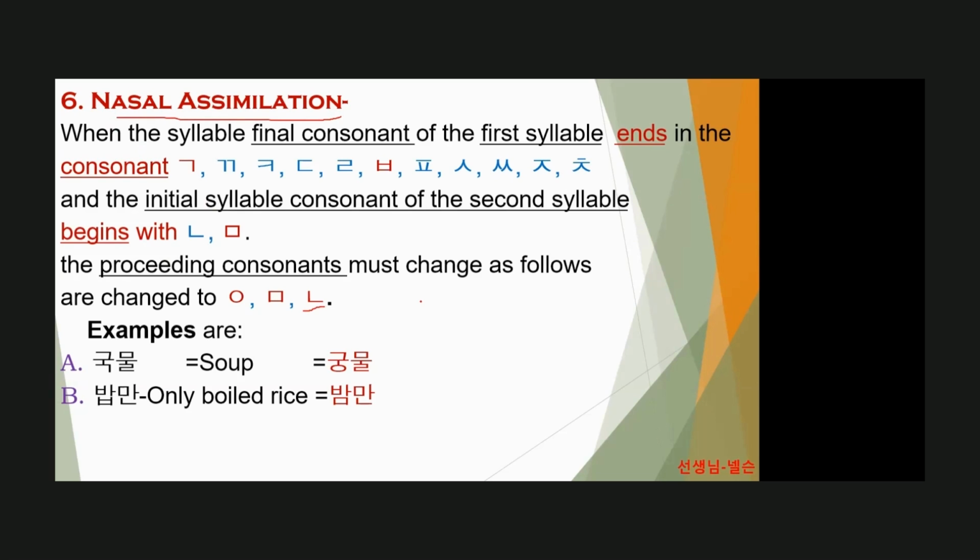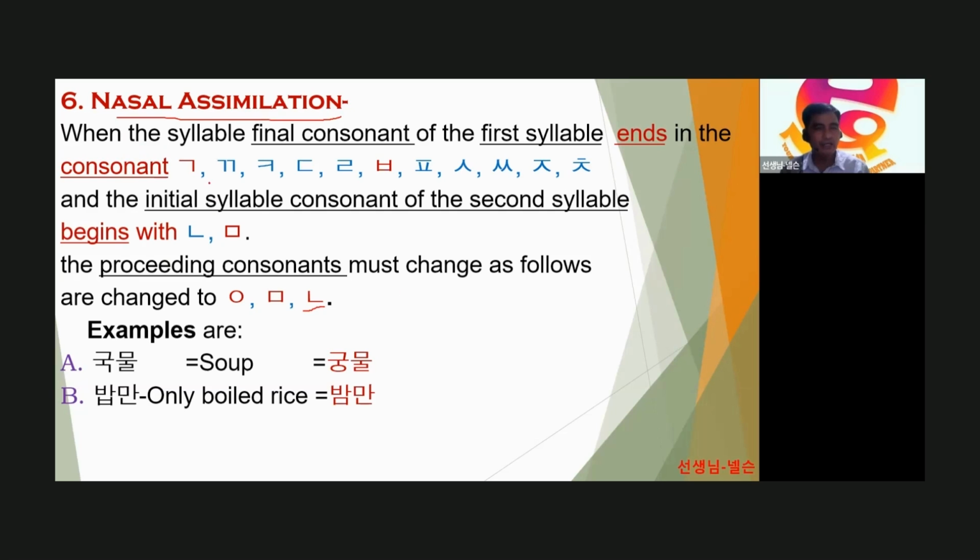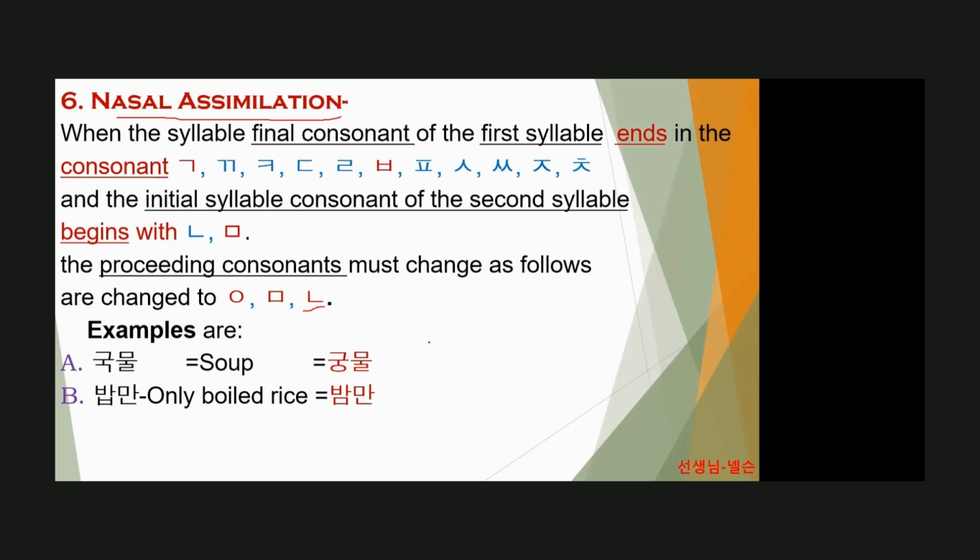Nasal assimilation, when the syllable final consonant of the first syllable ends in the consonant giok, kiok, ga, ka, ra, pa, sa, ja, and the initial syllable consonant of the second syllable begins with na and ma, the preceding consonants must change as follows, or change to ma, na.